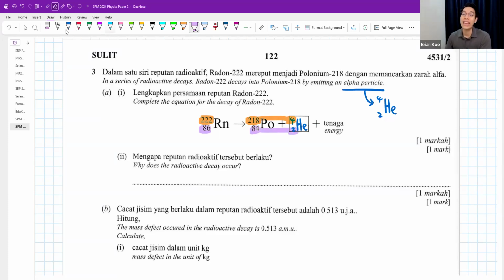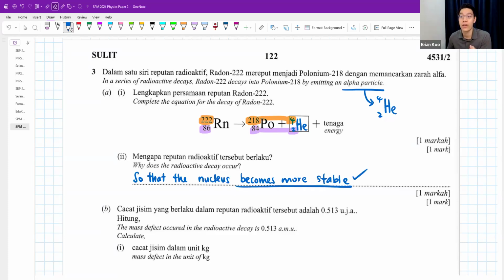Okay, and why does decay occur? I always say decay is a natural process. Decay happens because the nucleus wants to be more stable, or because the nucleus is unstable, right? So that the nucleus becomes more stable.